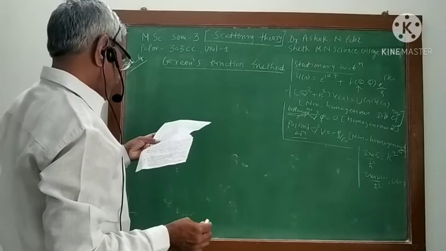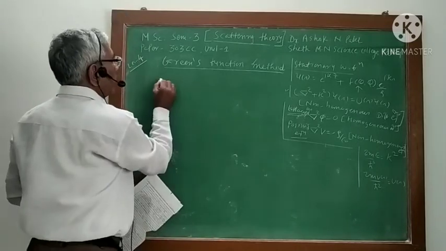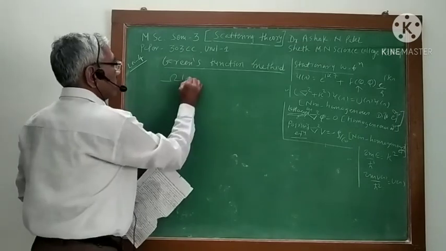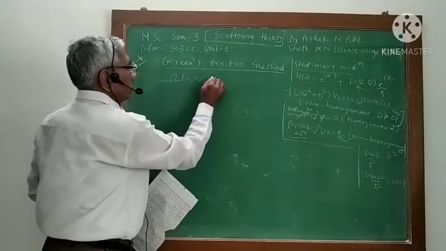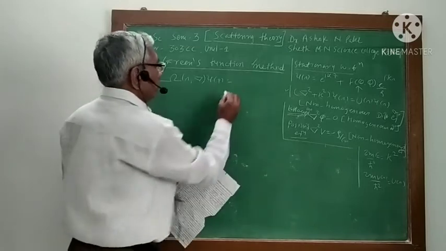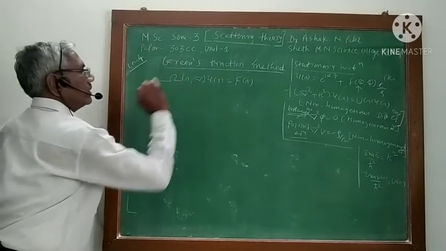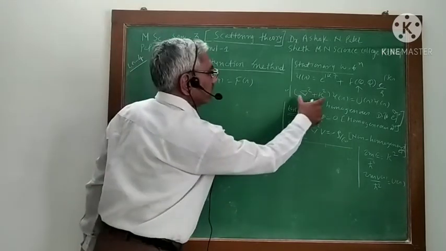Now in the Green function method, suppose we have one equation like this. Just try to understand it. Have patience and just try to understand. Suppose I have this equation, and it is like this.